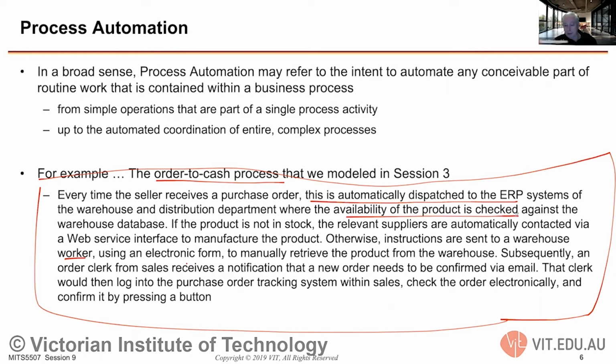The availability can be checked automatically online. Again, that would be part of a workflow system. If it's not in stock, relevant suppliers are automatically contacted. The work then flows on, so a part of that workflow system would automatically contact suppliers so they can manufacture the product. Otherwise, instructions are sent to a warehouse worker, and the work automatically flows to the warehouse worker.